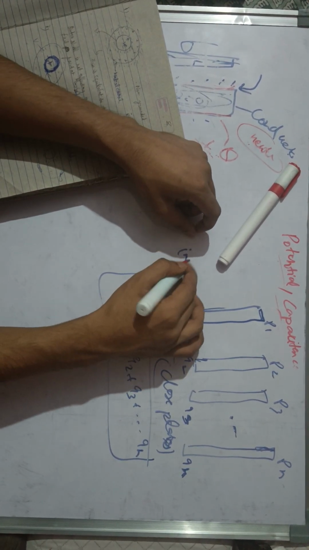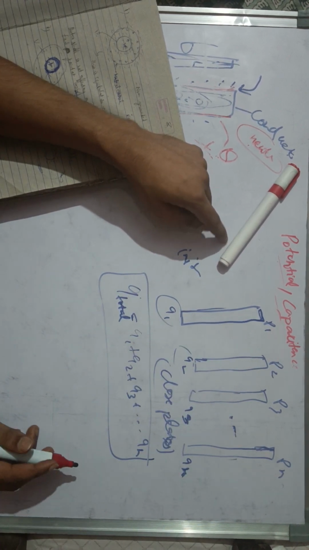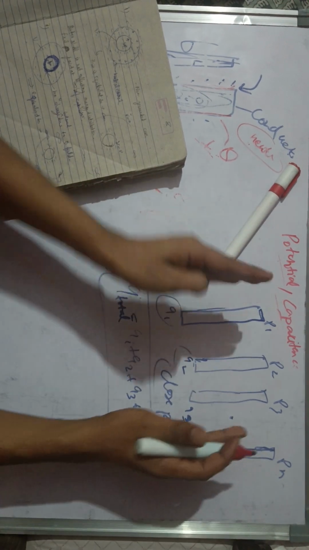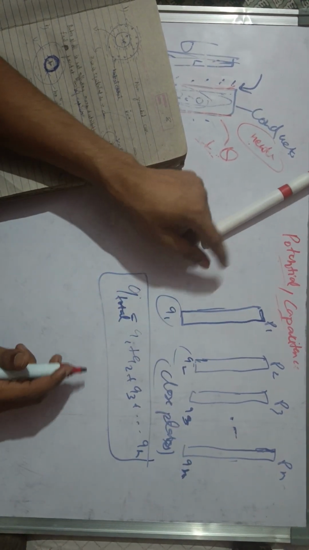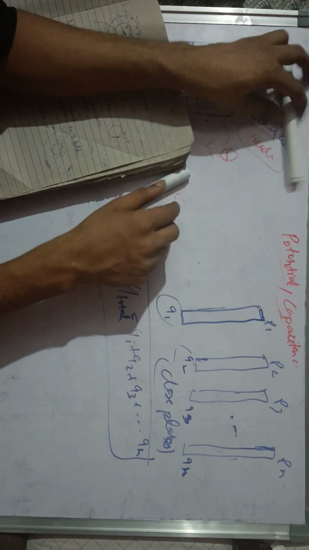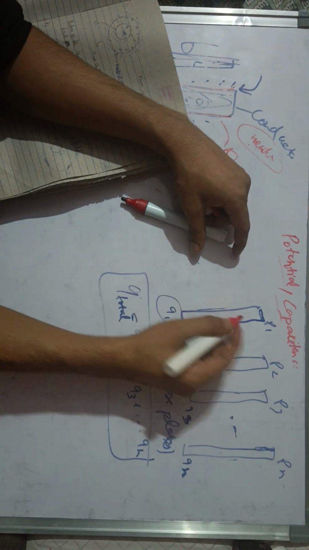This is the initial state, with some charge stored in the bodies. Now when they are brought closer to each other, this is the first plate and this is the last plate.